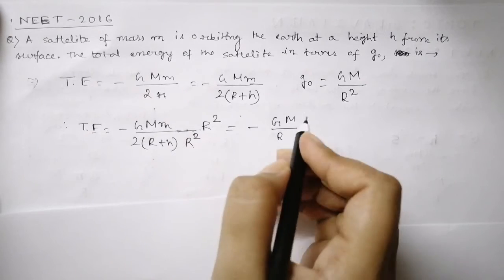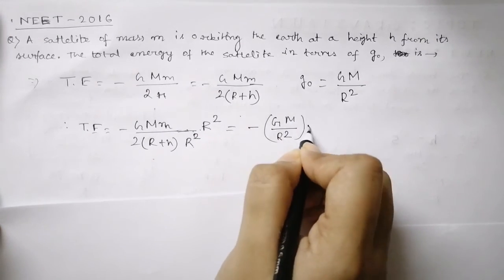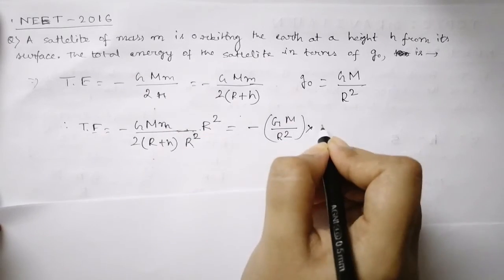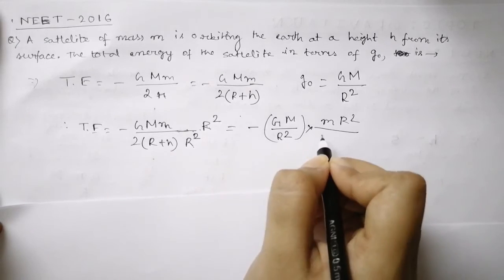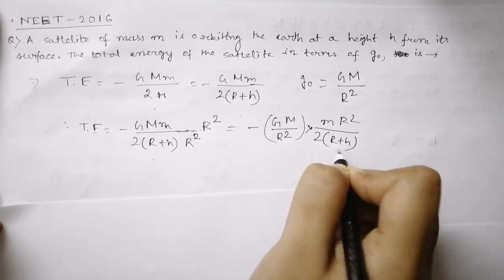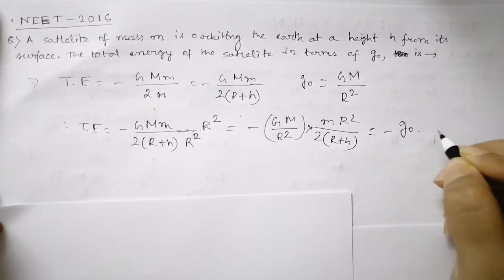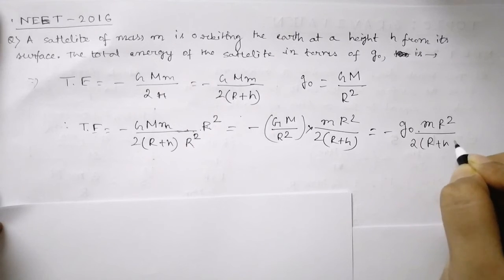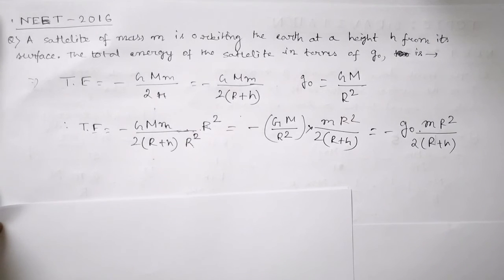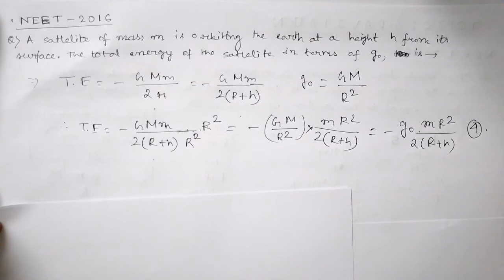So GM by R square into m into R square, divided by 2 into R plus h. In place of GM by R square, I can put g0, and it is m g0 R square divided by 2 into R plus h. So from the options you can see it is matching with option 4.